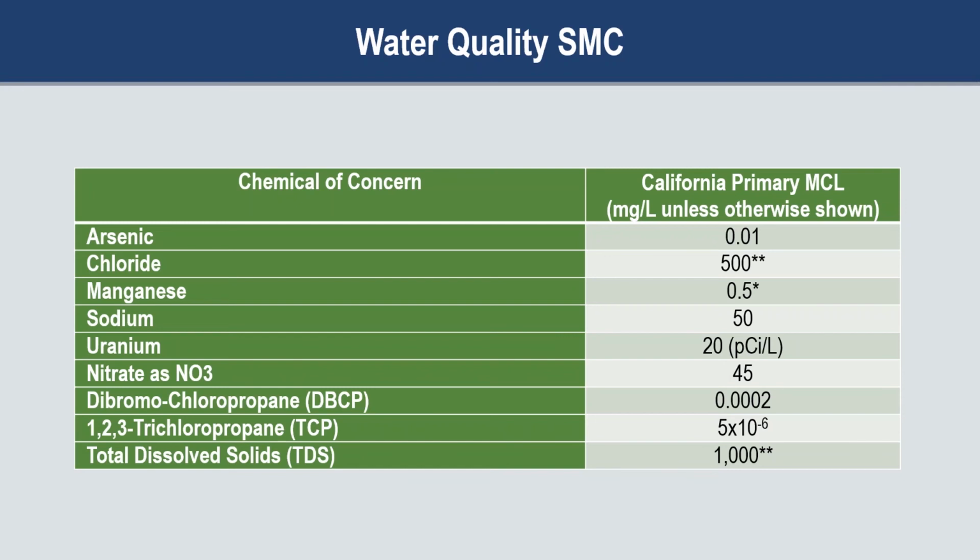These constituents are identified not because they're a problem per se in MAGSA, but because they have appeared on some water quality analyses over the last 15 to 20 to even 25 years. We've taken this out of some historical databases.